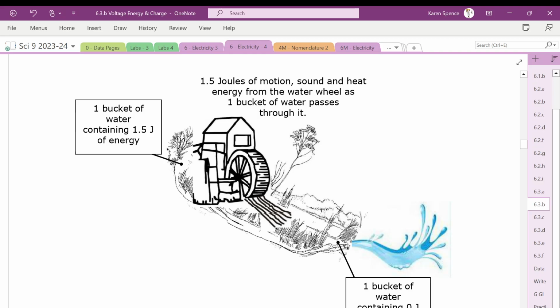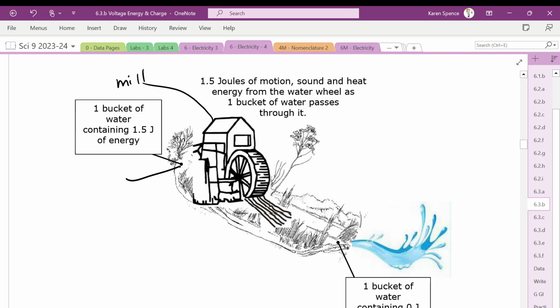Okay, so this is just a little analogy. You can imagine if this were a river and we had a mill on it, we would have the water up here containing 1.5 joules of energy.